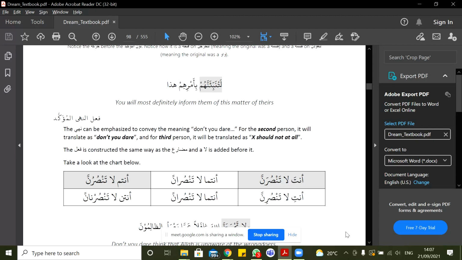Okay. So tunabbi'a is fi'l mudari, and because of the fatha it is huwa or hiya. Okay, we have a ta at the beginning, so it can be, oh sorry, ta, yeah, so it's anta or hiya. It could be hiya or anta. Yes. Okay.